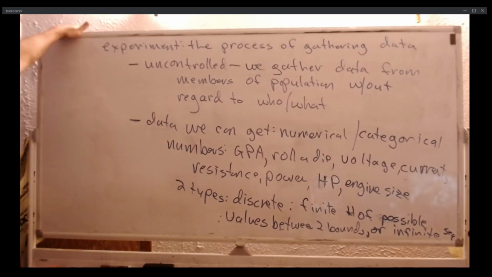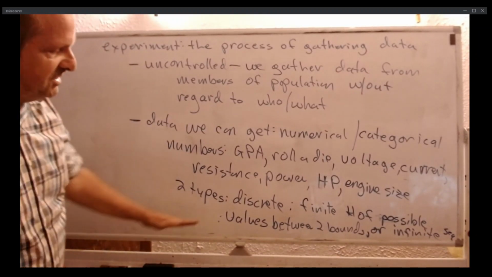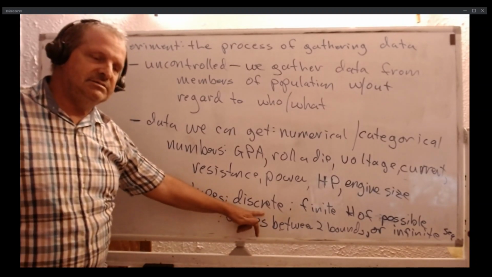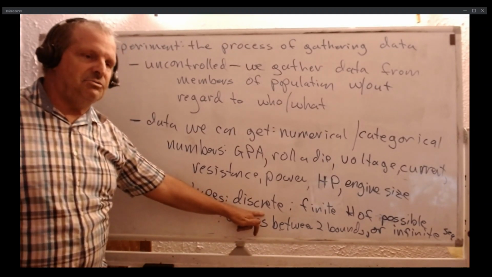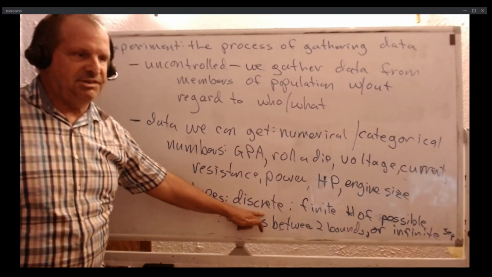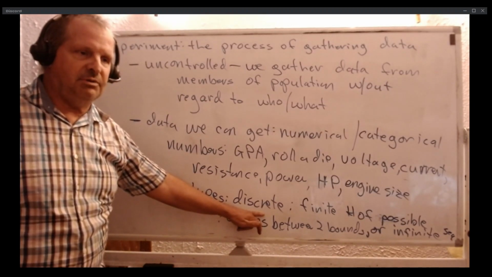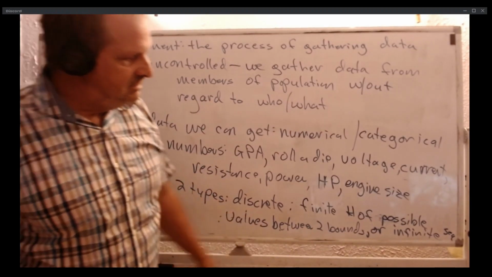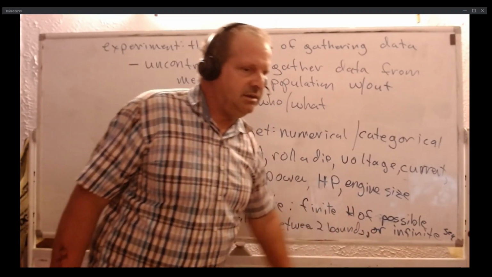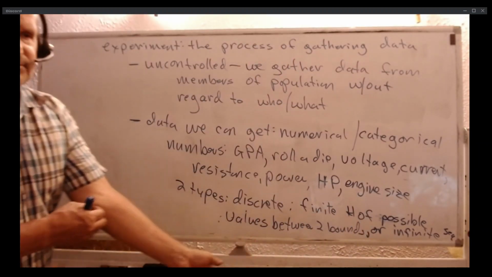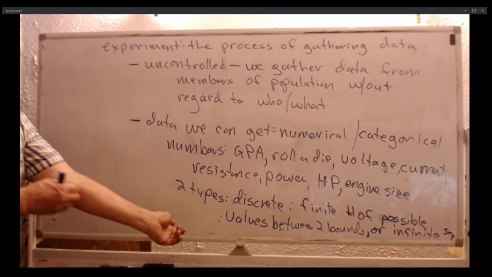Well, theoretically, it's up to infinity. Well, it's still discrete because you can represent the numbers 0, 1, 2, 3, all the way up to infinity. You can represent them by an infinite sequence. Does everybody understand this?